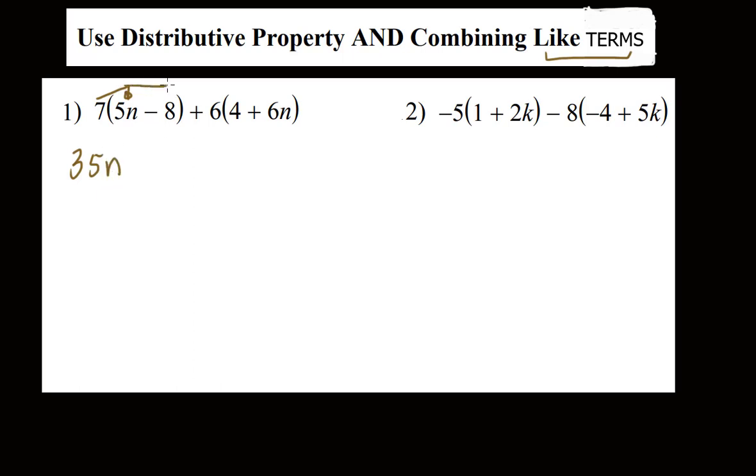So 7 times negative 8 is negative 56. We have done the first parenthesis term. Let's do the second one. Positive 6, if we multiply positive 4, then we have positive 24. Positive 6, if we multiply positive 6n, then we have 36n.